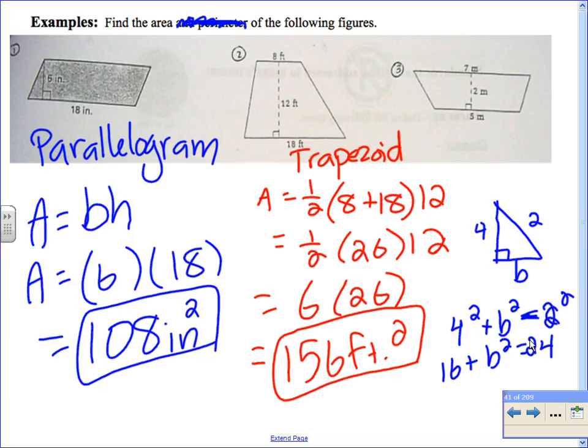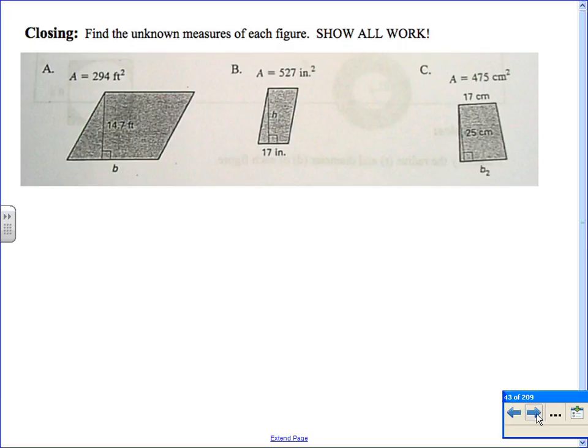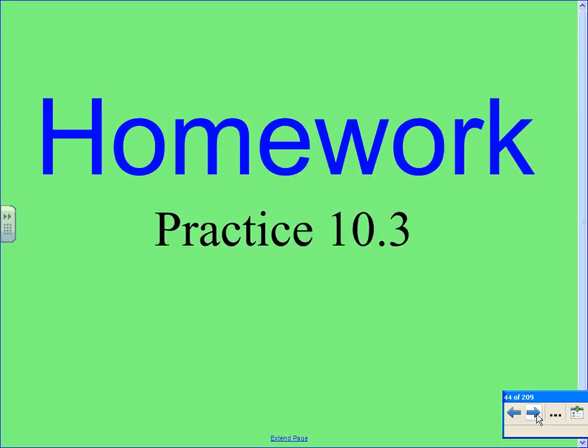All right, homework. I'm a little bit late again with you guys, sorry. Okay, practice 10.3. Okay, you're going to do all, which are numbers 1 through 15.